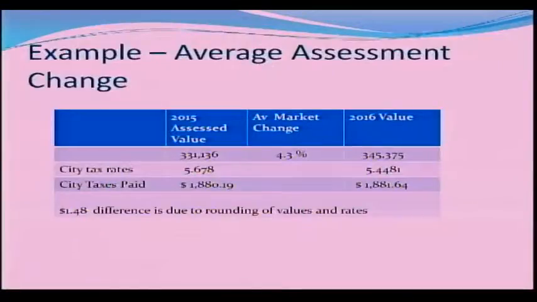Now, if you remember that I said we had an average market change of 4.3%. So if we begin with 2015 as an example, if we picked an assessment that moved with the market, which means that increased at the average of 4.3. If the value in 2015 was $331,000, increase that by 4.3%, which is the average for the market across the city, the value would have come out to $345,000.